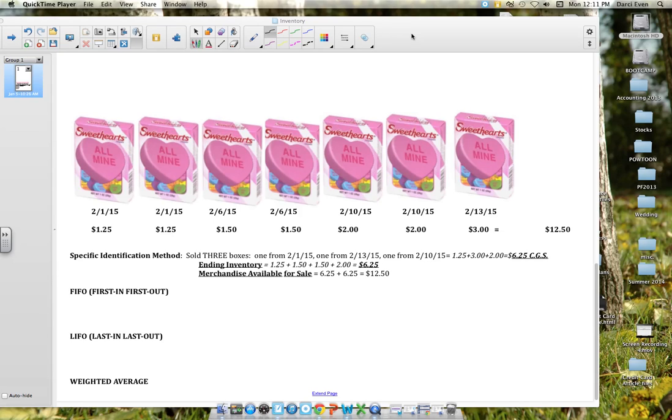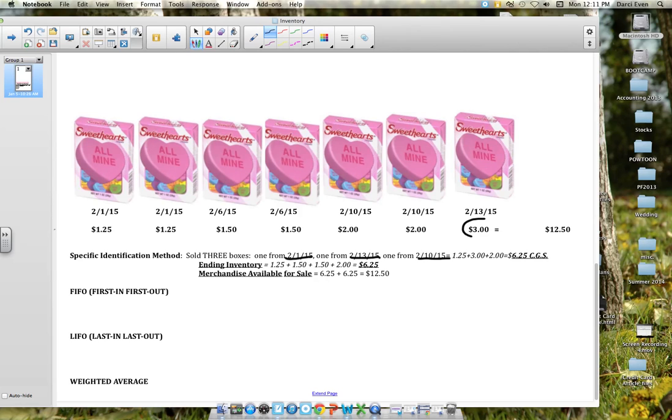So it's almost Valentine's Day, and we are going to be selling sweethearts, boxes of sweetheart candies. And we sold 3 boxes of the 7, and they tell us right here that we sold 1 from February 1st, and 1 from February 13th, and 1 from February 10th.